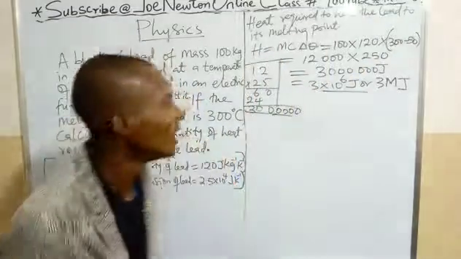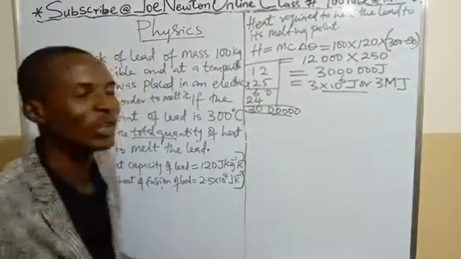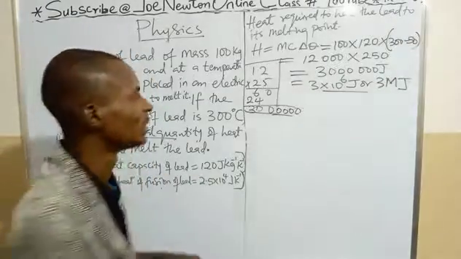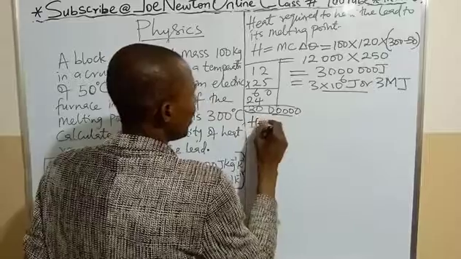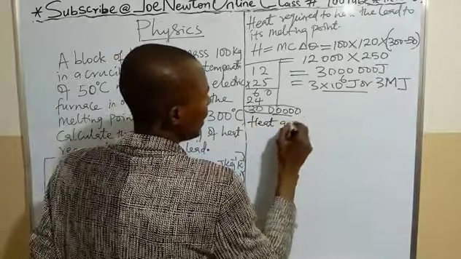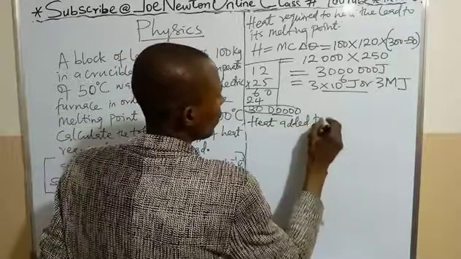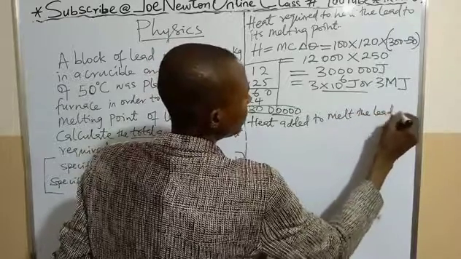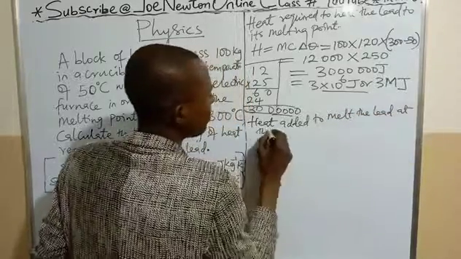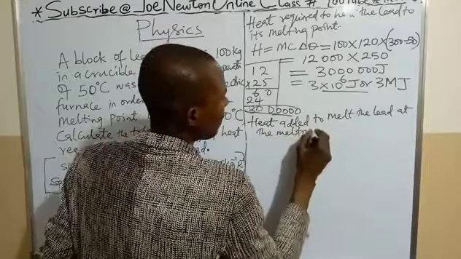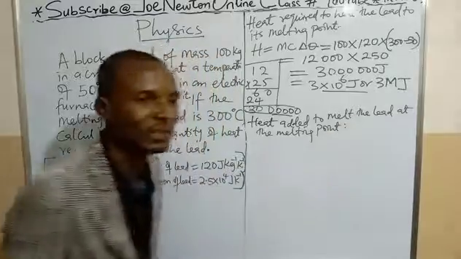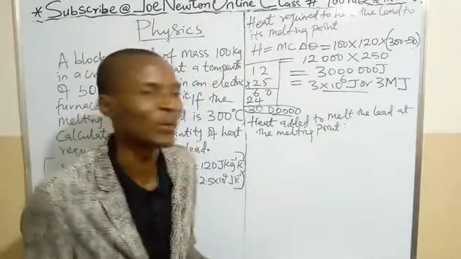Now, phase 2. Let us now calculate the additional quantity of heat energy supplied to melt it at the melting point. That is heat added to melt the lead at the melting point, that is at the change of state without changing temperature.